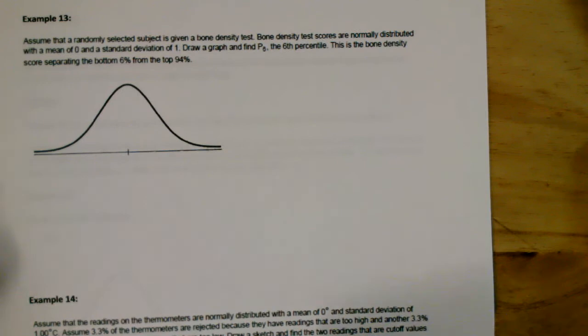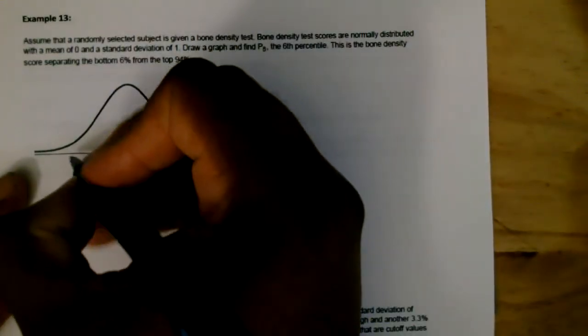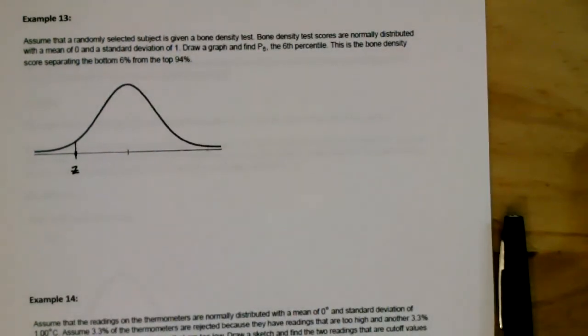So I know it's a small percent. So I'm going to say the Z is over here to the left of 0. And here I'm going to shade in that 6%, which is this right here.